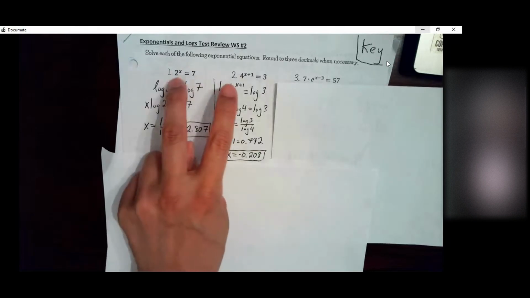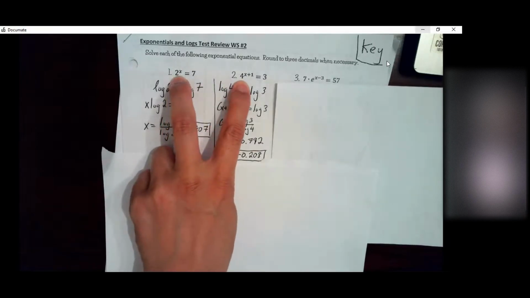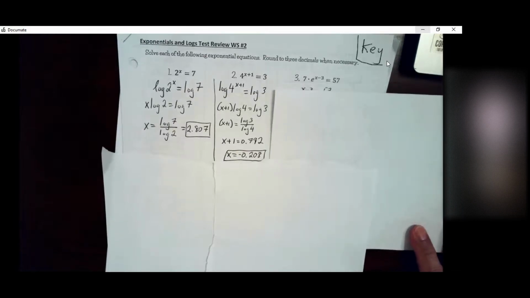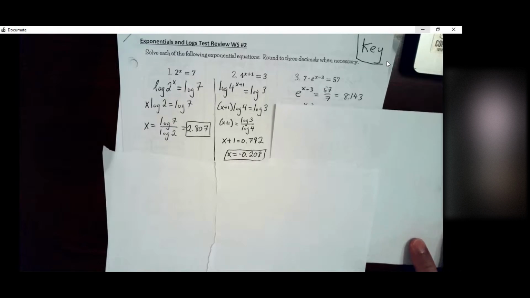But maybe we can get that e to the x minus 3 by itself, just like how the exponential bases e, 2, and 4 are by themselves. Oh, so we could divide 57 by 7. So e to the x minus 3 equals 8.14.